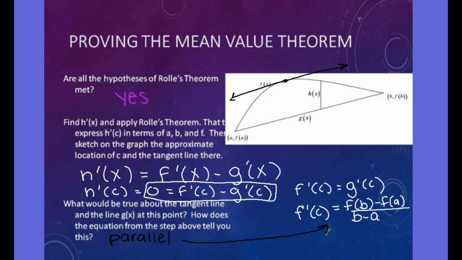You're seeing my two derivatives have the exact same slope at this point c. And that's ultimately leading into that instantaneous rate of change equaling the average rate of change. Because this right here and this are related.